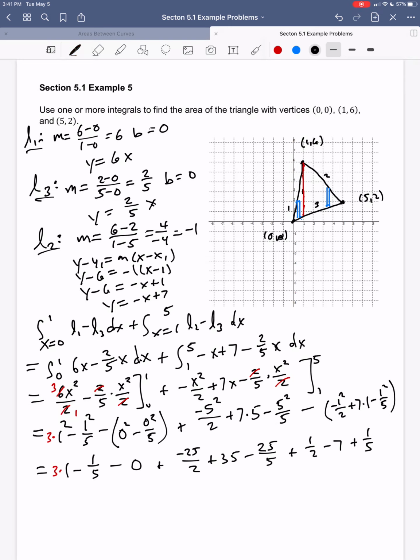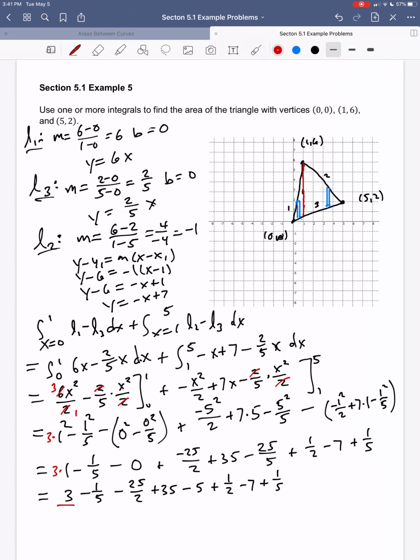So, let's see. 3 minus 1/5, I can forget about the 0, minus 25 over 2, plus 35, minus 5, plus 1/2, minus 7, plus 1/5. Okay, so let's see.